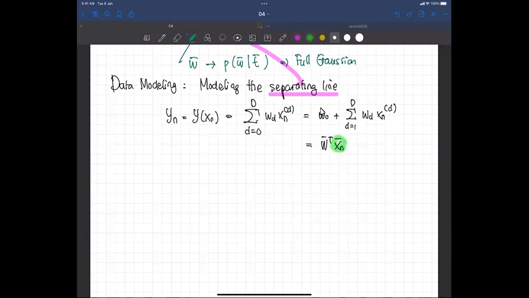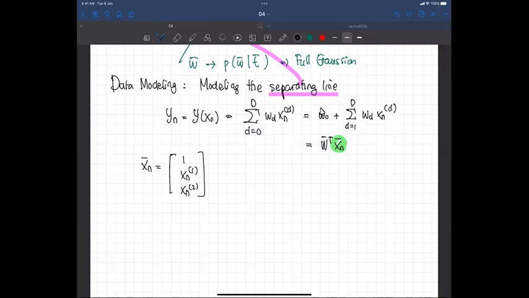Understanding xn bar is very important in this classification. Let's assume that we have xn bar equals to, the first one is equal to 1, and then we have xn1, xn2.